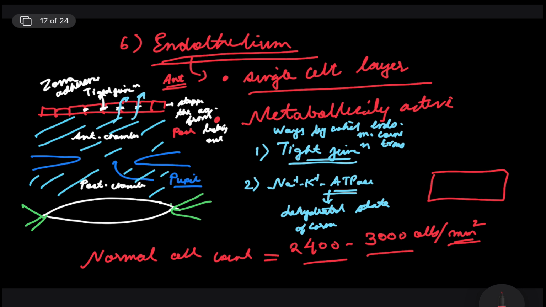Okay. Now, if endothelial cells start decreasing for some reason, less than 2400 but still greater than 500, even then the endothelial cells remaining can make up for that. How can they make up for that? They can make up for that by something called polymegathism and polymorphism.